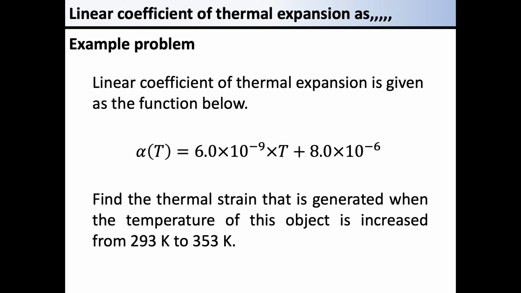So far, the problems can be solved by considering only the amount of temperature change. In this problem, however, the linear coefficient of thermal expansion, which is given by the following function, varies depending on the temperature.